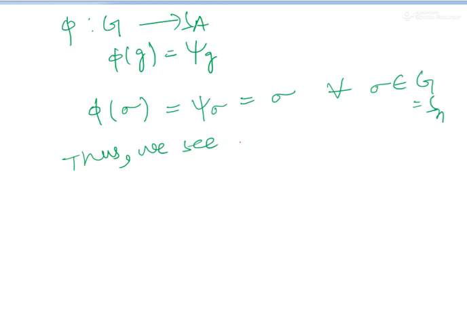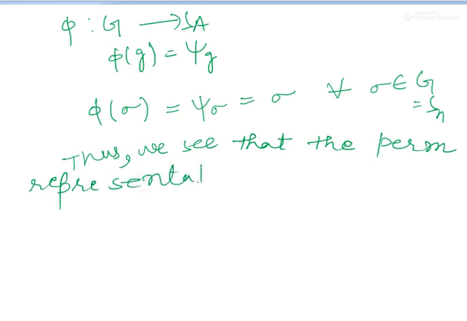Thus we see that the permutation representation is the identity map. I am not writing all the details; you can write it in your own words as I said before. So this example is complete.